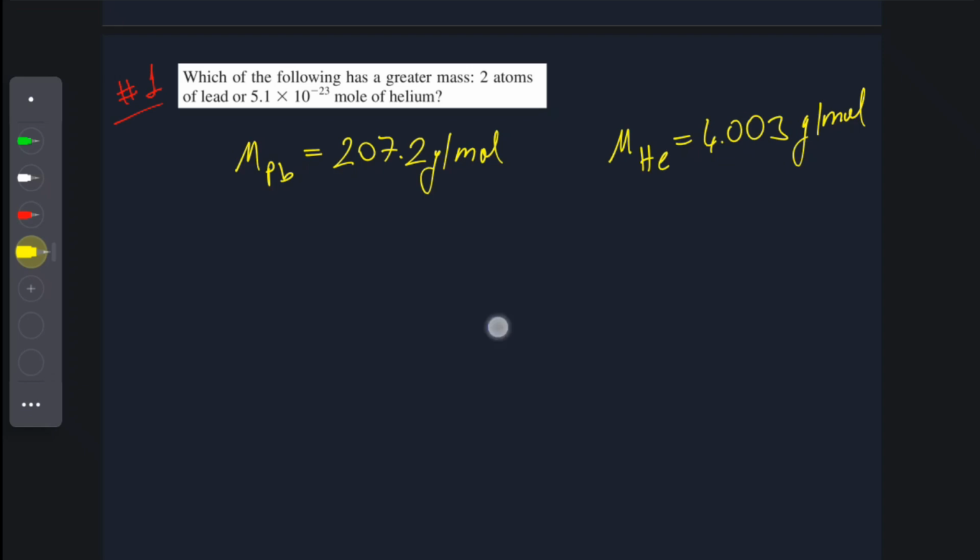So we know the Avogadro's number, 6 times 10 to the 23, 1 over mole. So to calculate the mass of 2 lead atoms, it is pretty easy, right?